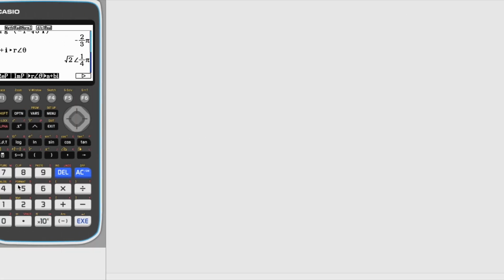But writing root 2 e raised to i pi by 4 is way simpler. So to write this complex number, I'll press shift ln, e raised to, then I'll press i, open close, and inside I'll write the fraction. So I'll write shift pi over 4. Press execute, which gives 1 plus i, which is the Cartesian form for this complex number.